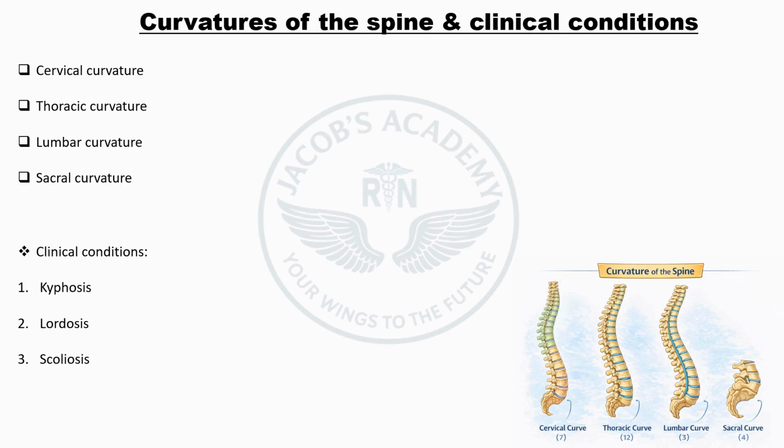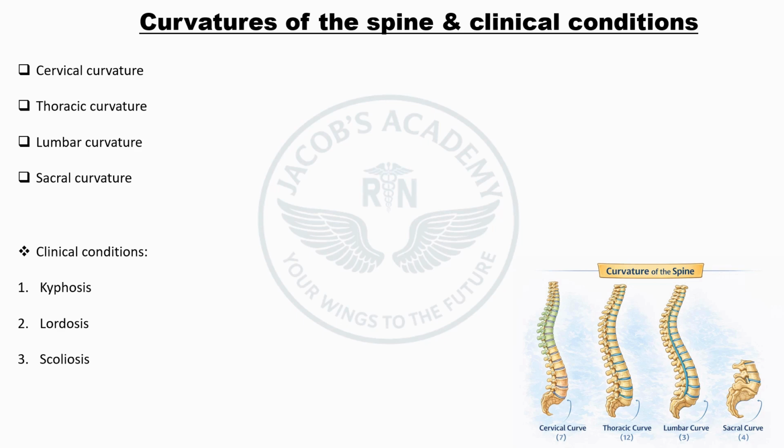And the third condition is scoliosis. Scoliosis is an abnormal lateral or sideways curvature of the spine. It may be congenital or developed during adolescence and is often assessed using posture inspection.